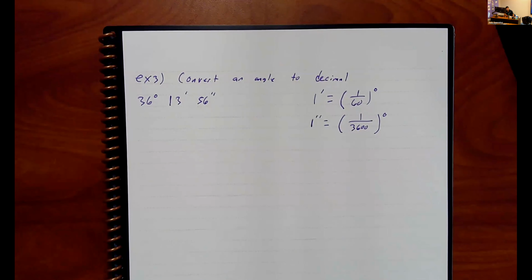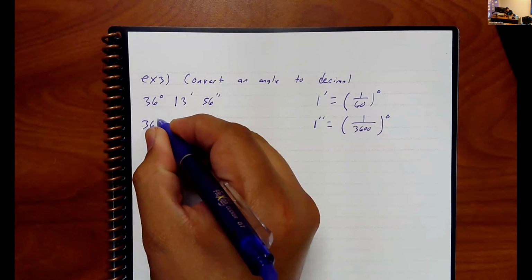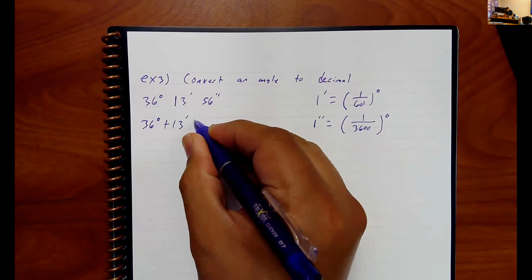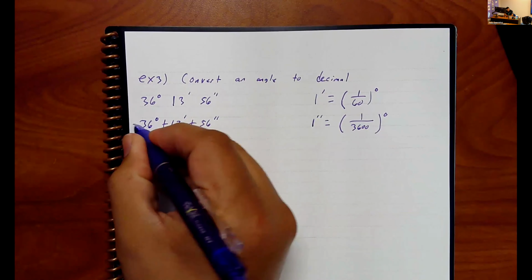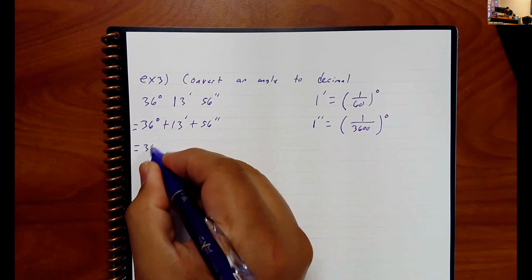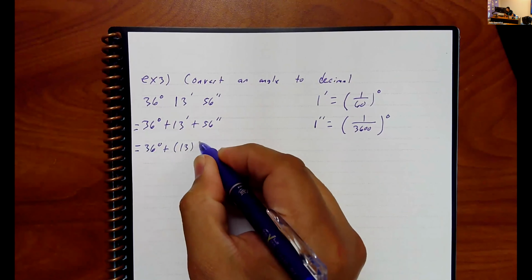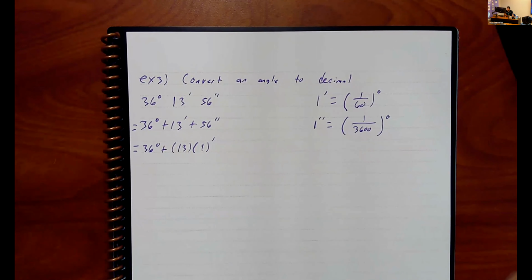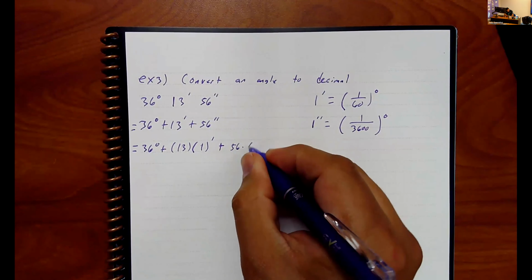So the way you do it is break this into addition. 36 degrees plus 13 minutes plus 56 seconds. So is equal to 36 degrees plus 13 times 1 minute plus 56 times 1 second.